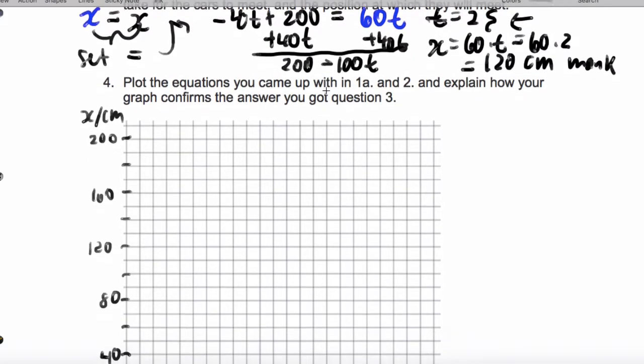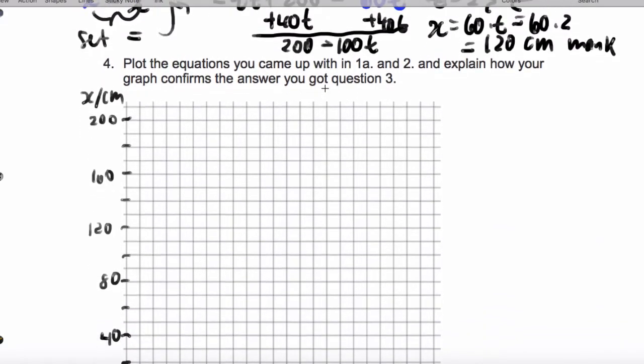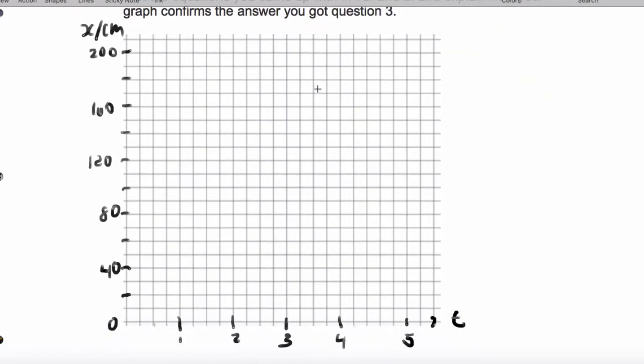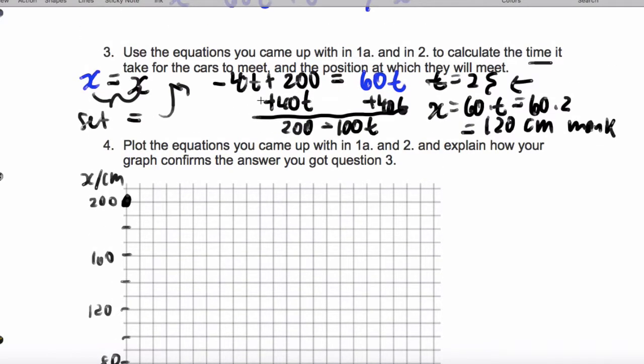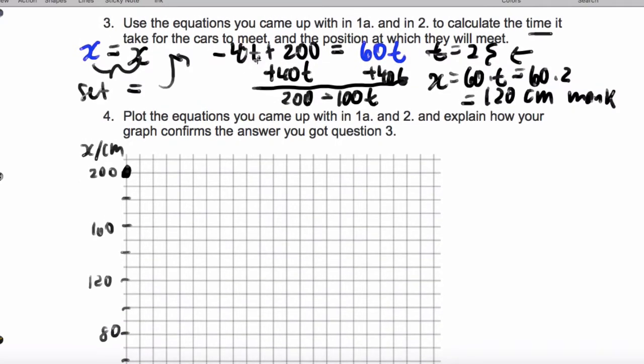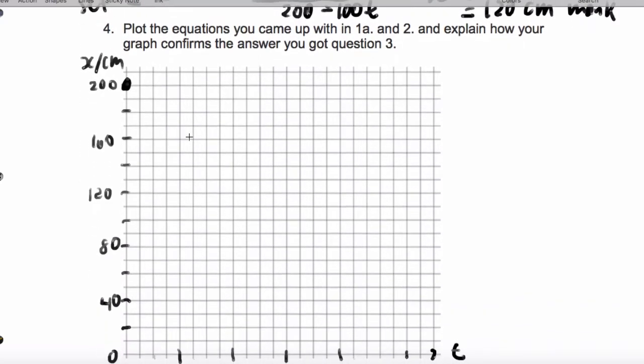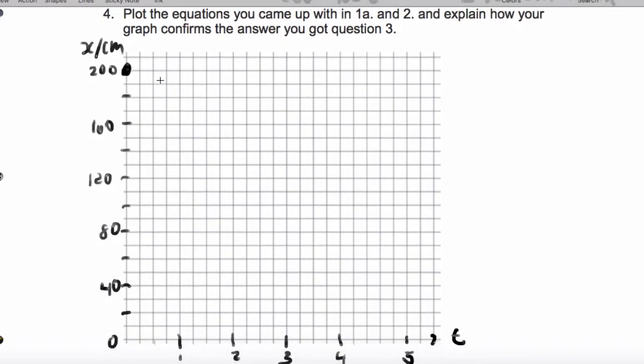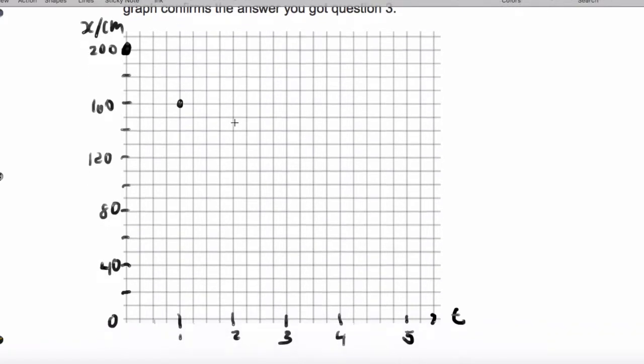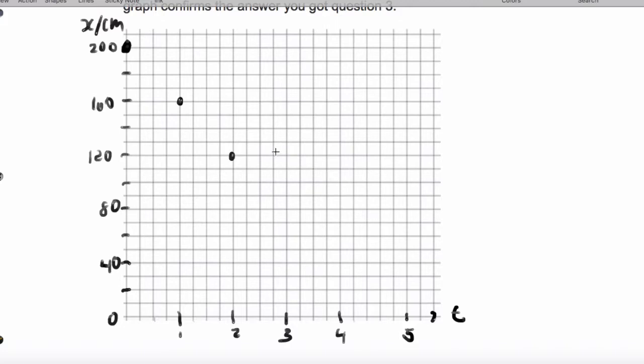So we want to graph first negative 40t plus 200. So we'll graph the black colored equation first. We start off at 0. At 1 second, where are we? I'm going to put in 1 here. So negative 40 times 1 plus 200 puts me at 160. Or if you like, we've got a slope of negative 40, right? So at 1 second, I need to go down 40. At 2 seconds, I go down another 40. 3 seconds, I go down to 80. 4 seconds at 40. 5 seconds at 0.